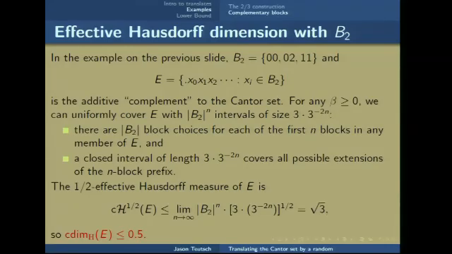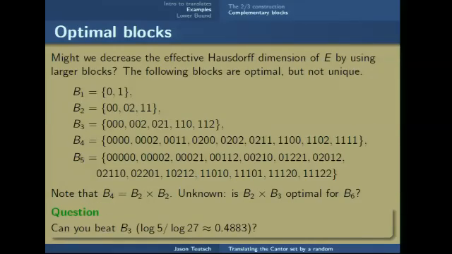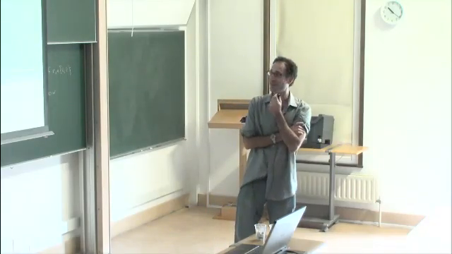So try to see whether you can actually get optimal blocks here. The question is, can you decrease the effective Hausdorff dimension of E by using even larger blocks? Okay, so these are some larger blocks. In fact, they're optimal for each of these lengths. I'm very proud that we are able to compute up to B5 here.